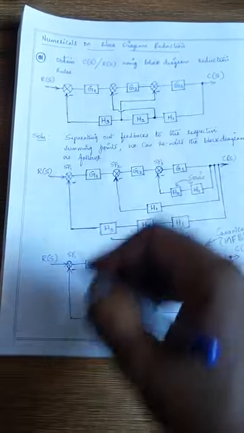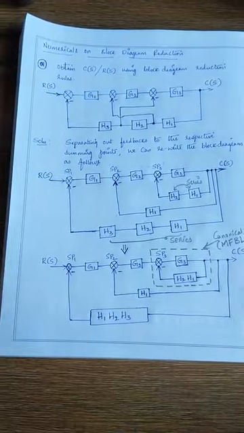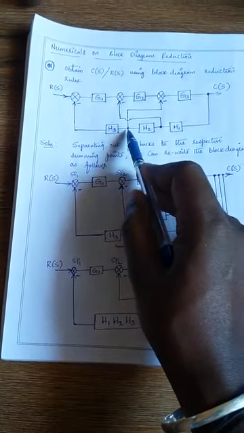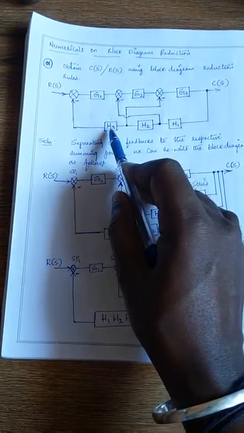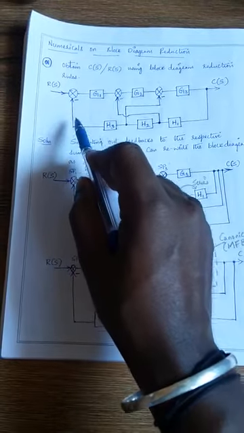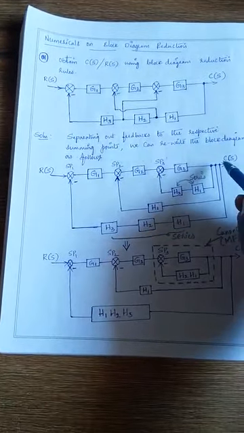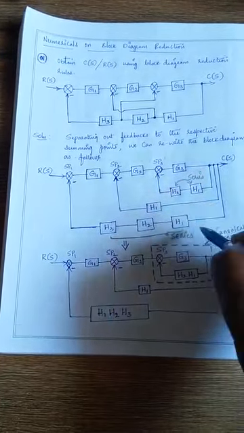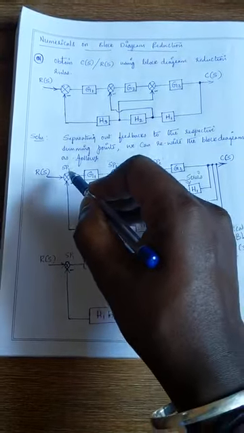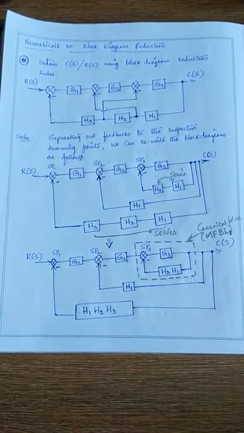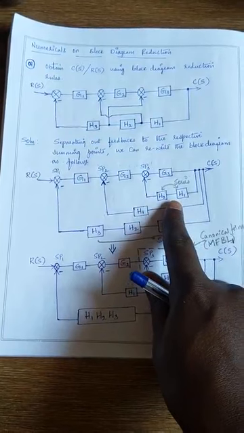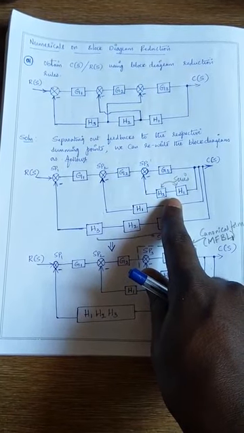Then the output of H1 is given to H2, and the output of H2 is also given to H3. So H1, H2 and H3 should go to summing point 1. The same thing has been taken here: H1, H2 and H3 is going to summing point 1.